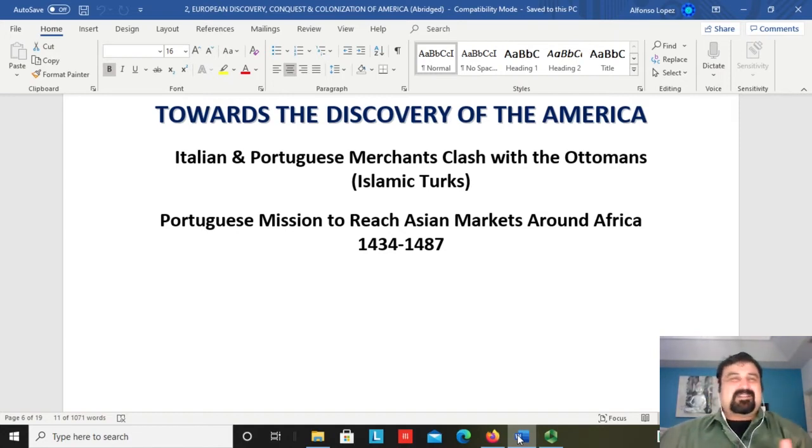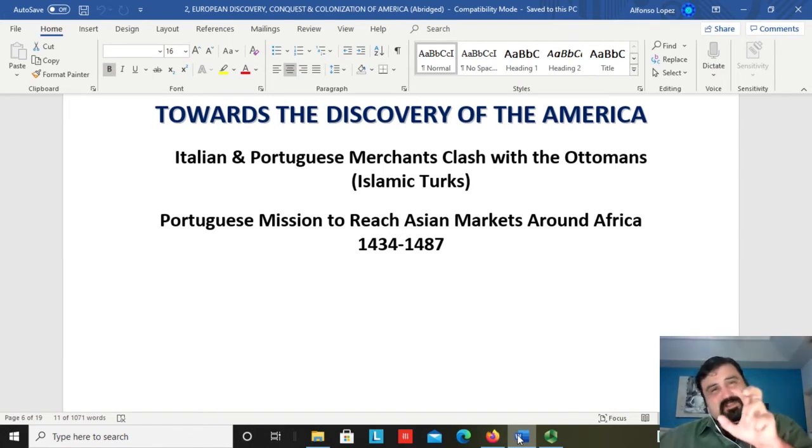And of course, the conflict involved not only the control of the trade routes, as the Ottomans really wanted to control the spice trade and in many cases deprive the Europeans of that commodity, but it was also religious. Europe is Christian, Catholic, and in the Middle East the Turks are Islamic.